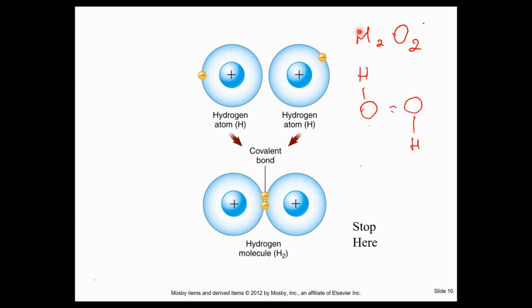Here's an example I have of hydrogen peroxide. You can see that it's a compound because it's made from two different elements. So you have the covalent bond.